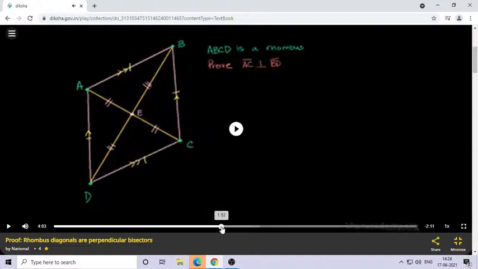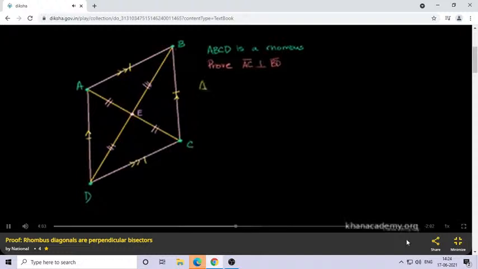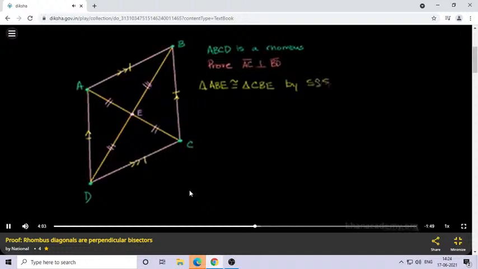So the first thing, in a new color, we see triangle ABE is congruent to triangle CBE, and we know that by side congruency.